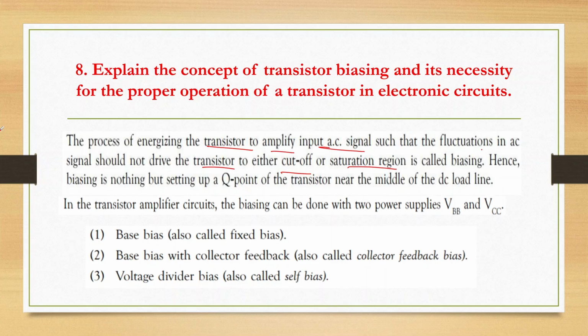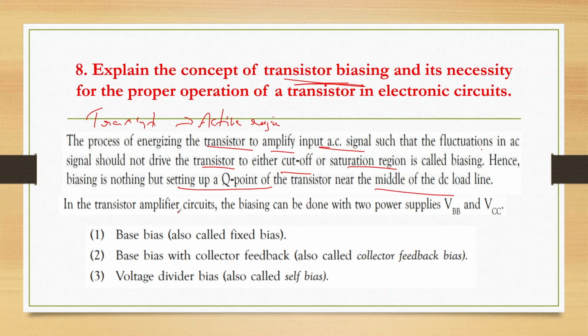We always make sure that the transistor operates in the active region. Then only can you amplify the signals. So for that, we energize the transistor by giving the voltage that we need. In simple terms, it is to set up a Q point of the transistor on the DC load line.